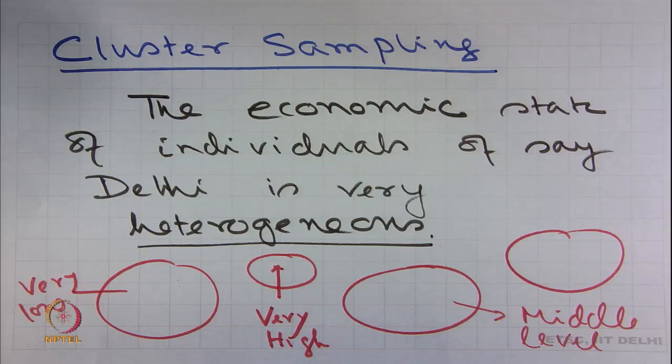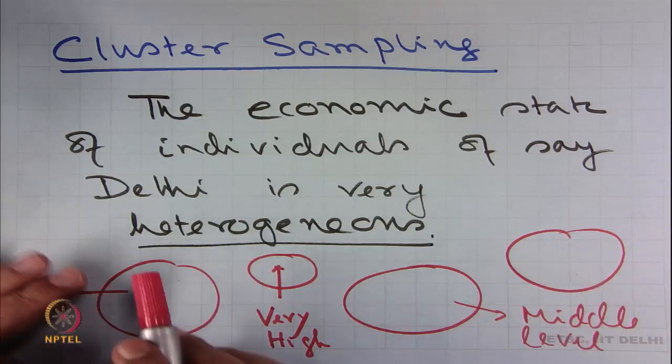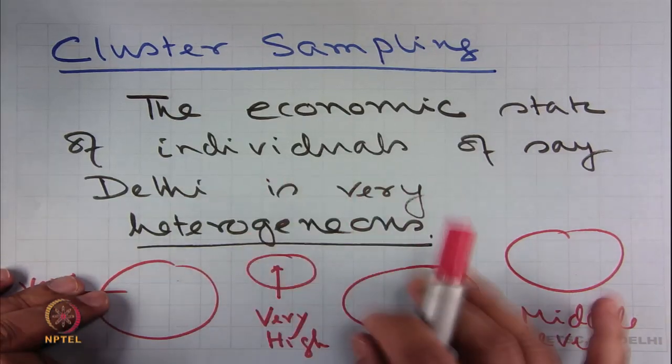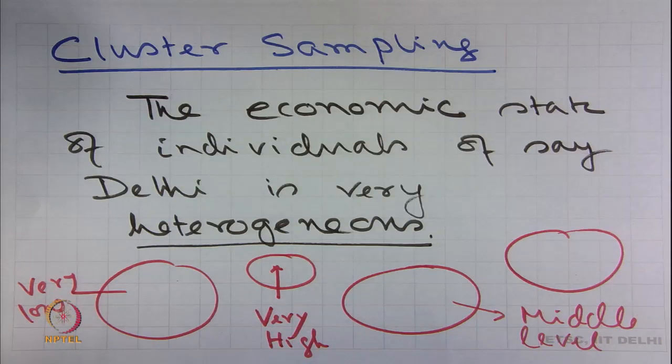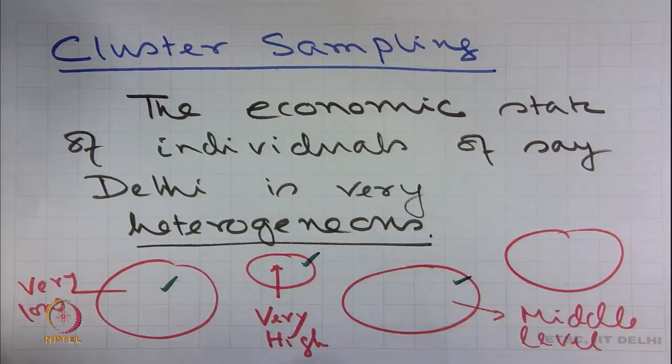Therefore, instead of choosing the sample over the entire population randomly, first we divide it into some clusters which are more homogeneous, and then depending upon the size of the cluster we can decide how many samples will be taken from each of the clusters. Sampling in such fashion is called cluster sampling.